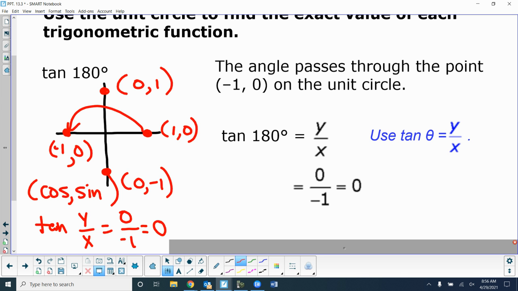So those are the tricky ones. 90, 180, 270, 0, or 360. You use the 1, 0, 0, 1, -1, 0, or 0, -1, x and y coordinates of your point. You can't draw the picture. So those are the ones that stump people sometimes. Okay?